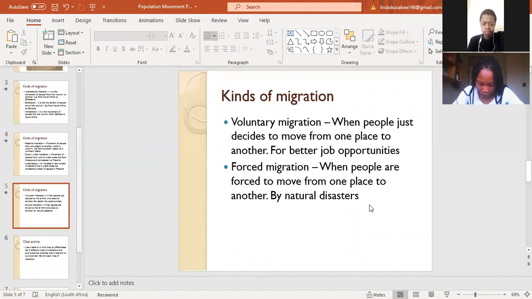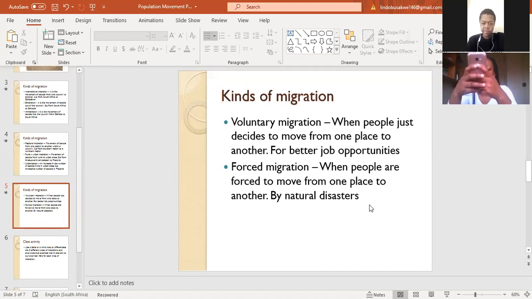For example, you find people moving from Limpopo coming to Pretoria voluntarily, maybe to look for a job, better services, or better education. When people move voluntarily without being pushed, we call that voluntary migration.